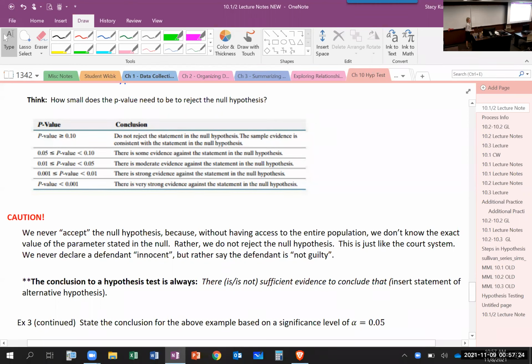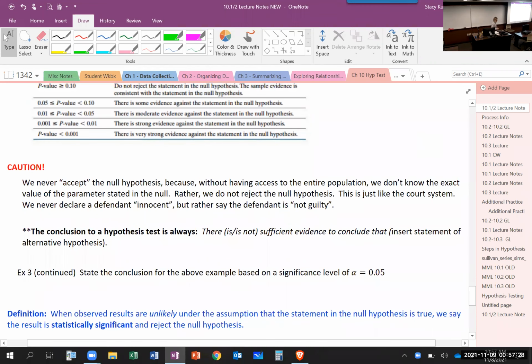Okay? And again, we'll talk more about this tomorrow, but when we are stating our conclusions, we never state the conclusion in terms of the null. We always state it in terms of the alternative. So I want you to highlight this part right here.